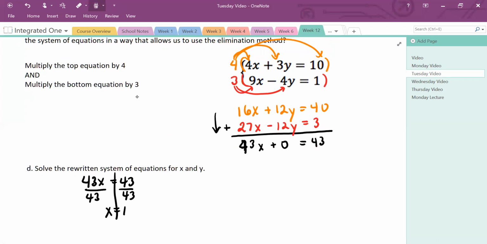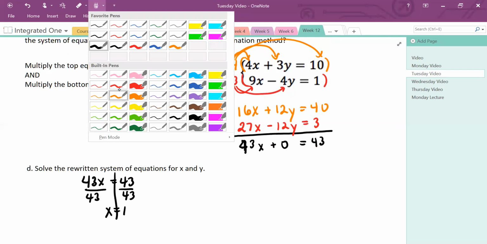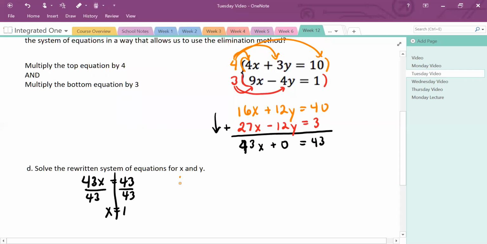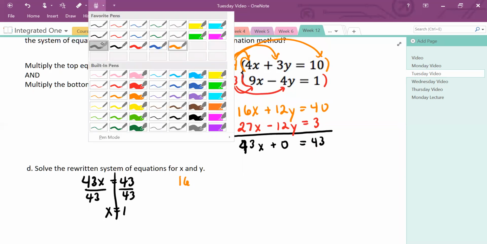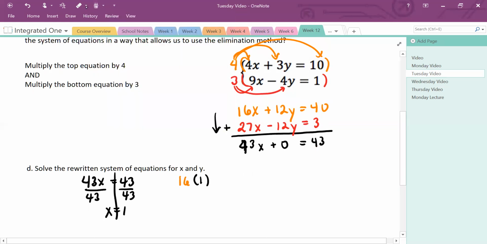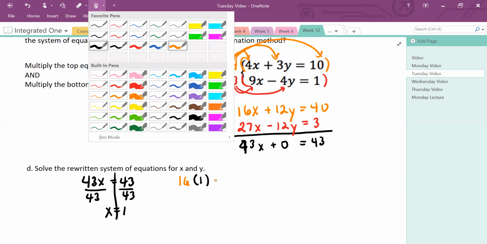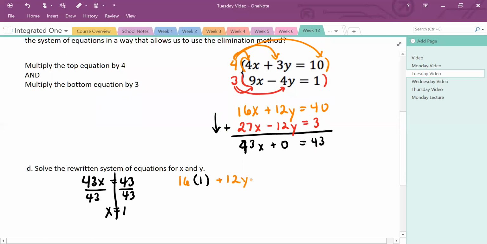Let's take the top one here: 16x. I know what x is. x is 1. Plus 12y is equal to 40. 16 times 1 is 16, plus 12y is equal to 40.